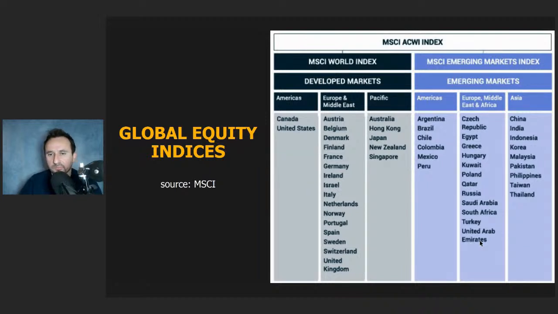Then under the developed markets, you have Americas, Canada, United States, you have Europe, like Austria, Belgium, Denmark, and so on. You have Pacific, like Australia, Japan. And the same story for emerging markets. You have emerging markets as a whole, and then you can divide into smaller indexes, like MSCI Argentina, MSCI Brazil, MSCI China, Chile, whatever. Why I'm talking about that here is that quite often when you are choosing or looking for an ETF, these ETFs are replicating these indices.